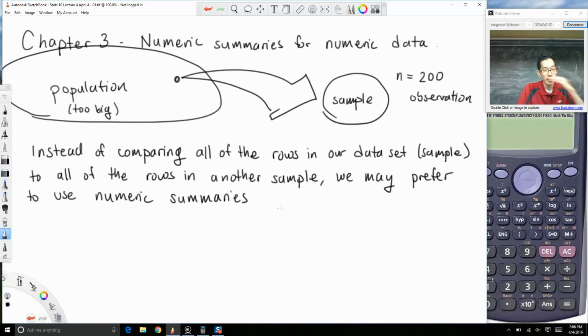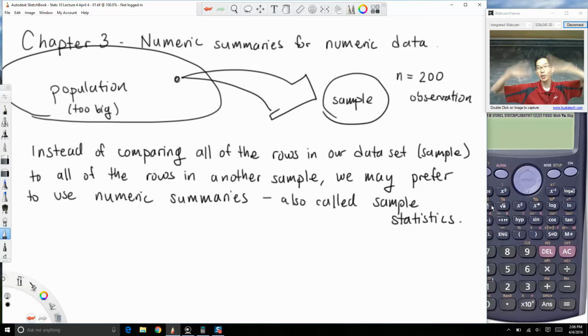Okay, and another key way to say numeric summaries, these are also called sample statistics. Okay, so we are basically summarizing 200 rows or n rows of information into just a few numbers.